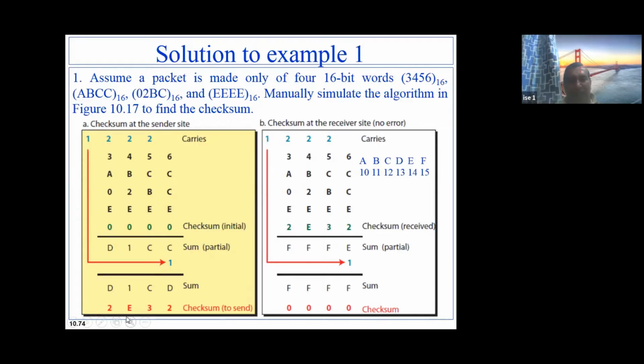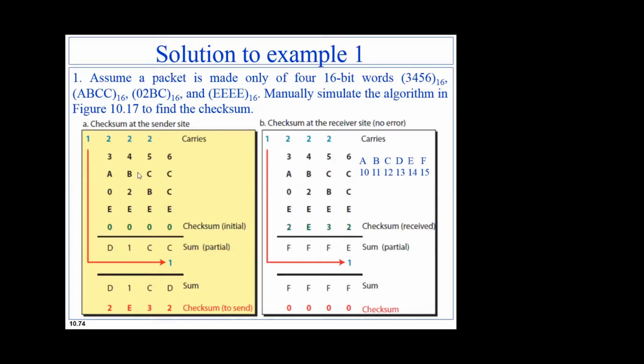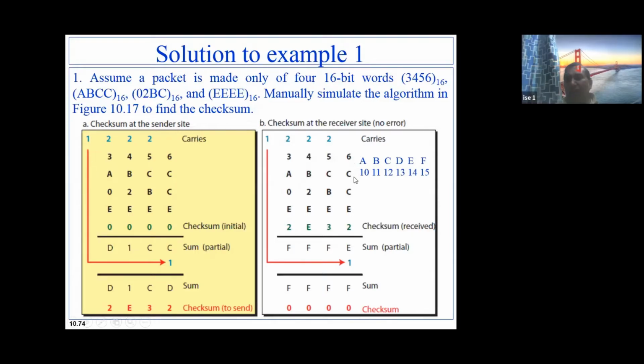The checksum I have calculated is 2E32. Have you understood? Then you add normally now. What will I get? 6 plus how much? 12.